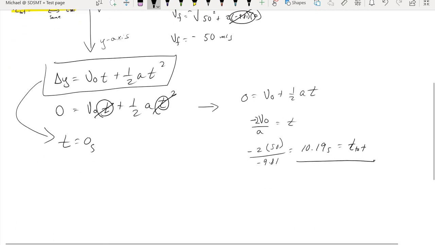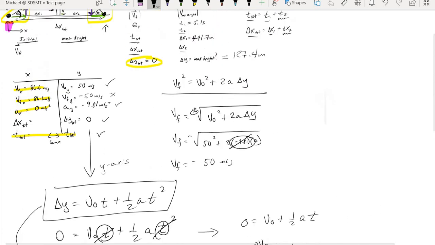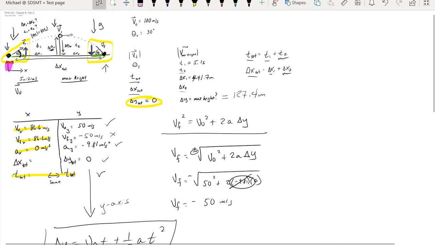But in terms of being able to move the cannonball in both the x and the y directions, we can't use the 0 as a solution. We have to use the 10.19. So we have a total time of 10.19 seconds.